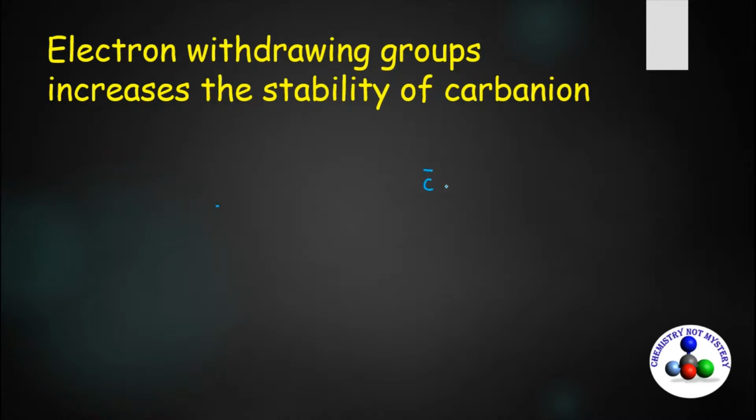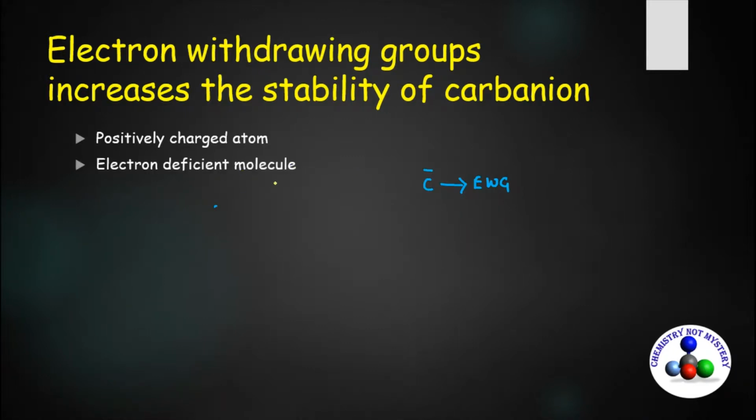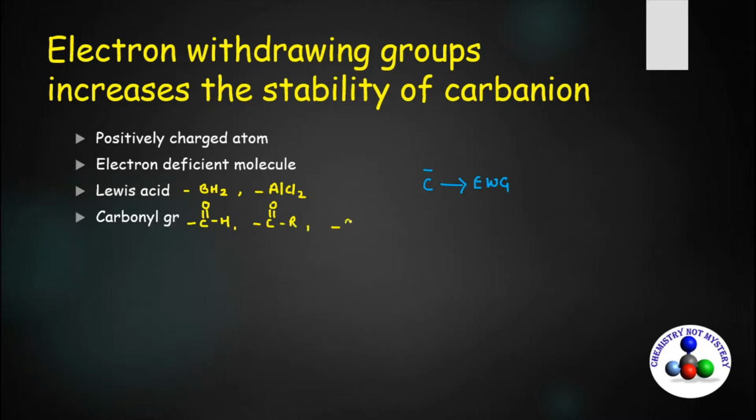Similarly, electron withdrawing group increases the stability of carbanion by taking electron density from it. Here are a few examples of electron withdrawing groups: positively charged atoms, electron deficient molecules like BH2, Lewis acids, for example BH2, AlCl2, carbonyl groups like aldehyde, ketone or acid, nitro group, cyano group.